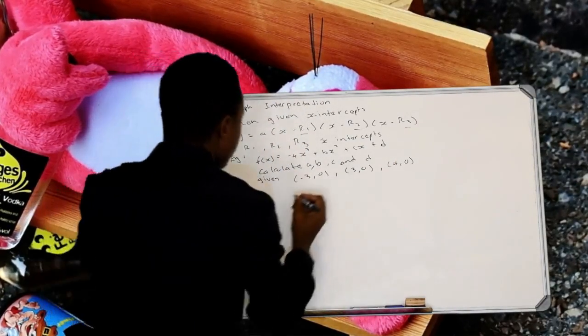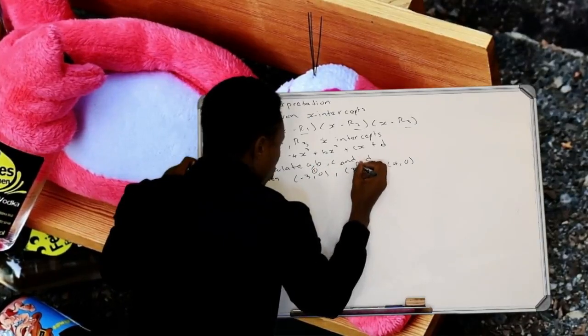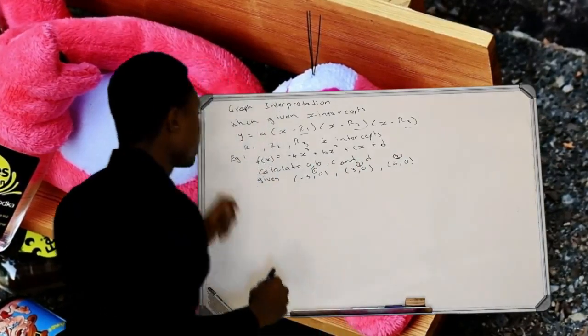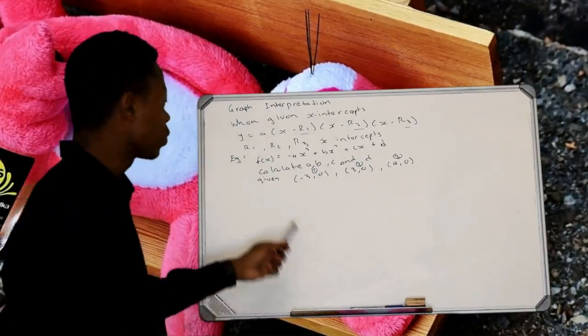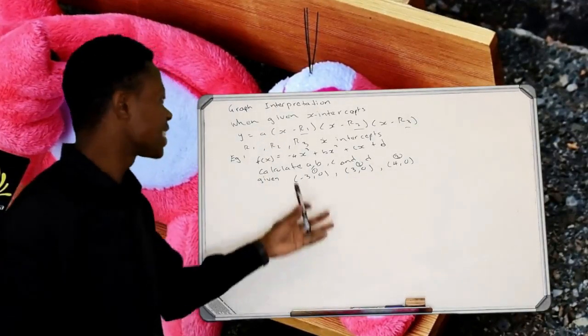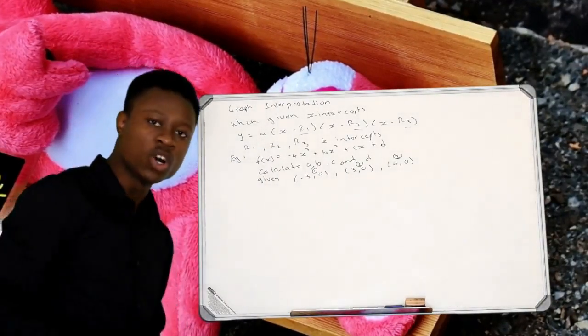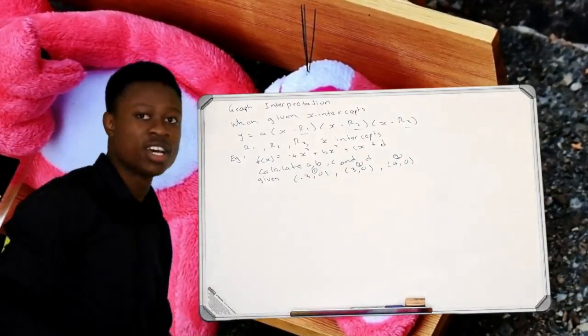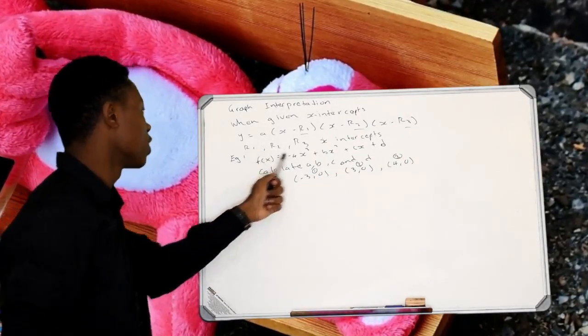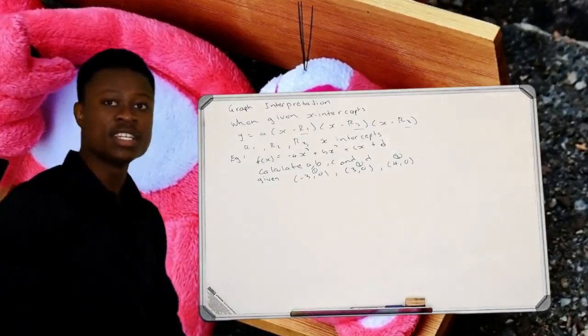Right? So I'll label these ones here 1, 2, and 3. Those are my x-intercepts. I don't have to tell you that these are x-intercepts. You can tell on your own because the y value is 0. So I can just say given these, calculate the values of A, B, and C, and D.